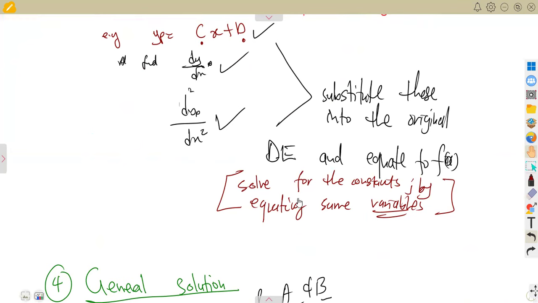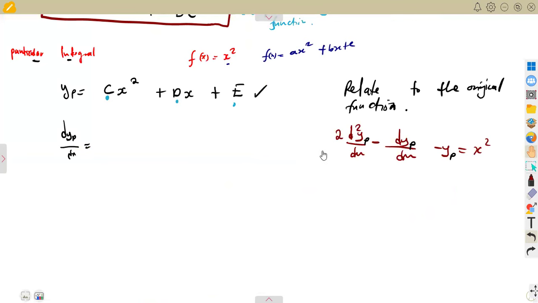Solve for the constants by equating the same like terms.